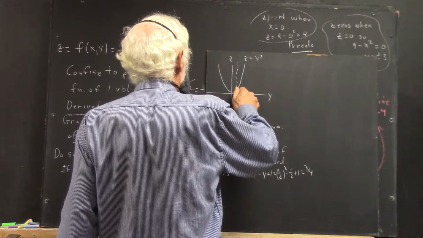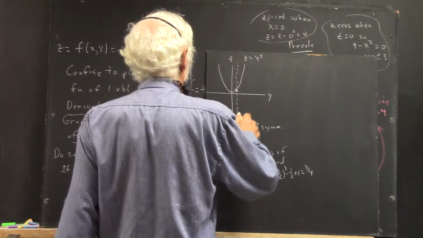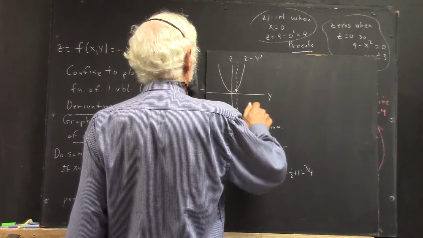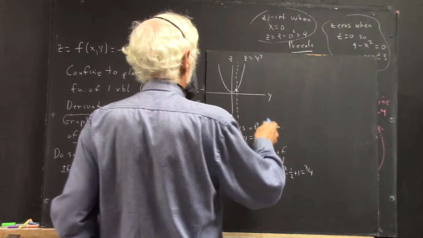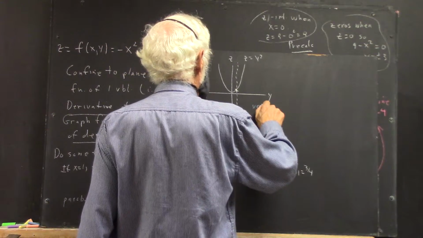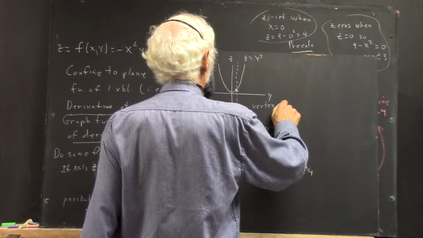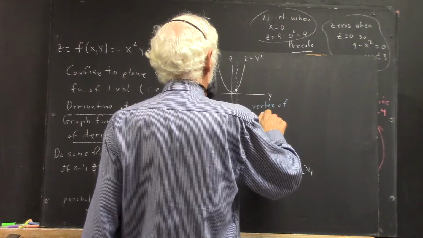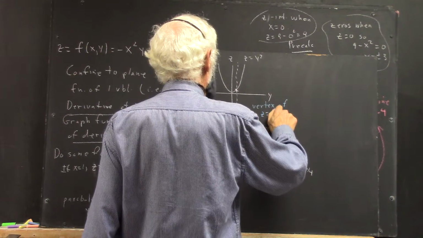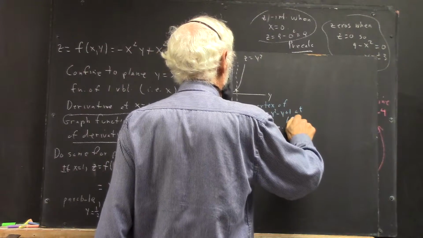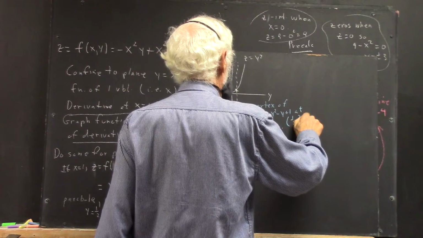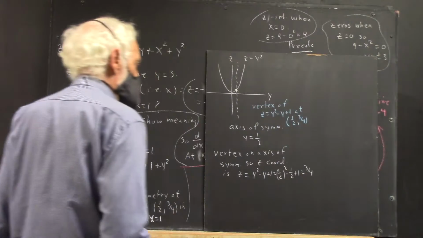So this vertex is at, what's the color here? Okay, 1/2, 3/4.